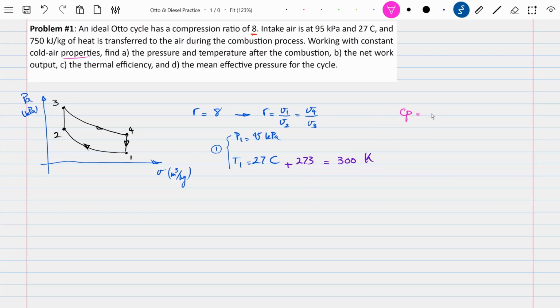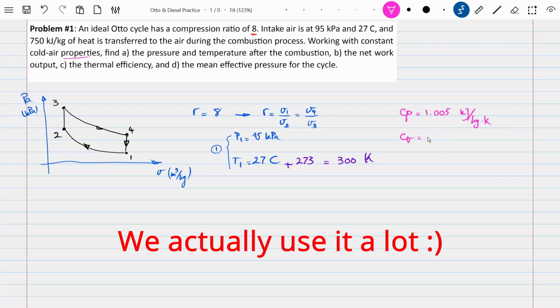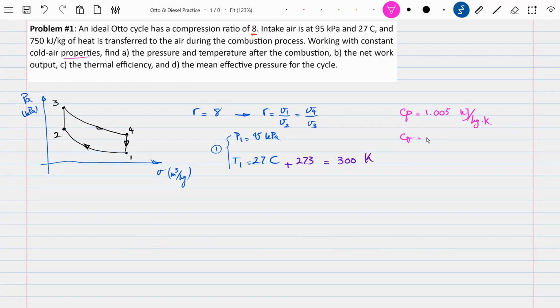Cp, the specific heat of air at constant pressure, is 1.005 kilojoules per kilogram Kelvin. Cv, the specific heat at constant volume, we may not have to use it, but it is part of cold air properties. So it is 0.718 kilojoules per kilogram Kelvin.